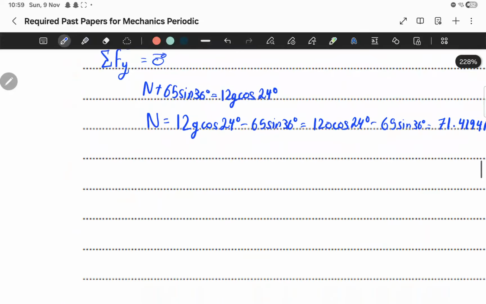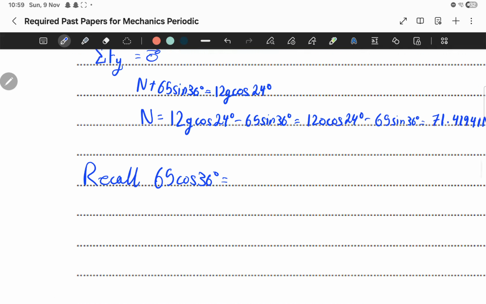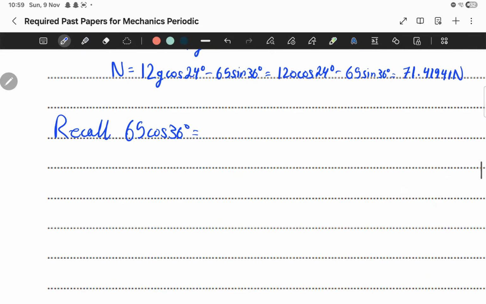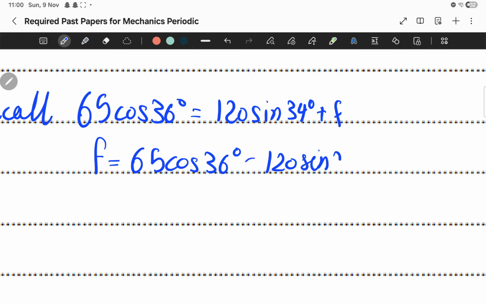Okay, now we're gonna write, recall, 65 cosine 36 degrees is equal to 120 sine 34, so 120 sine 34 plus f. Okay, now f is equal to 65 cosine 36 degrees minus 120 sine 34 degrees.